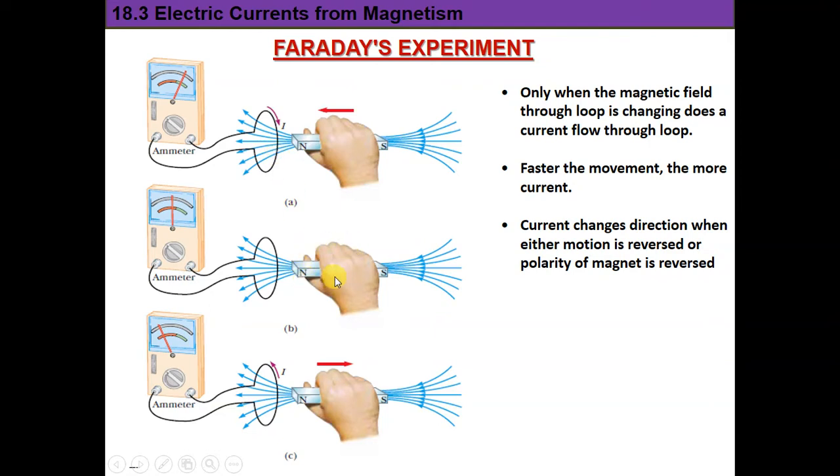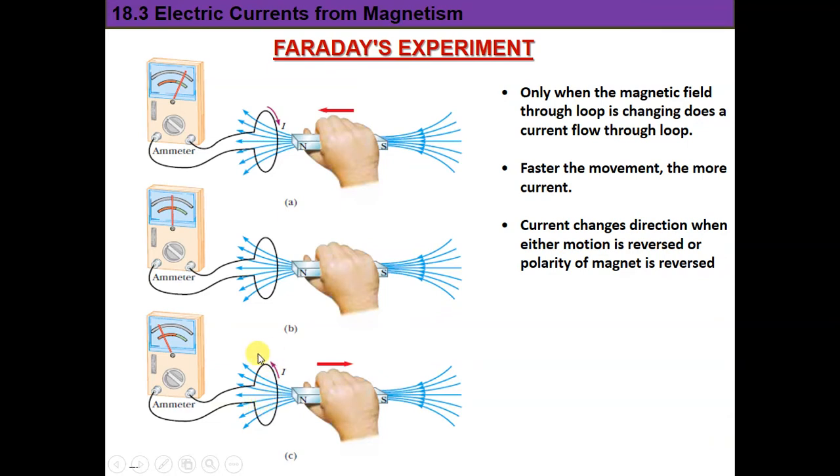When you keep the magnet at rest, the magnetic field is not changing. The field lines are not changing. The number of field lines that enter the loop is not changing, so no current. When you move the magnet out, the number of field lines changes, so you have current.